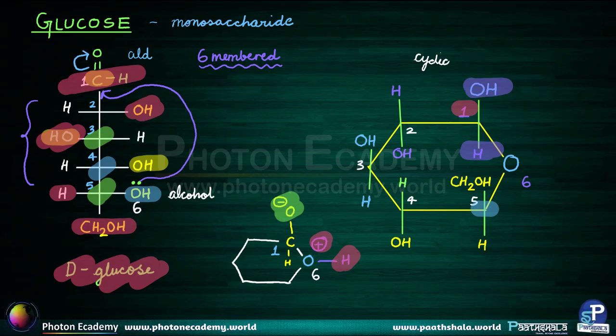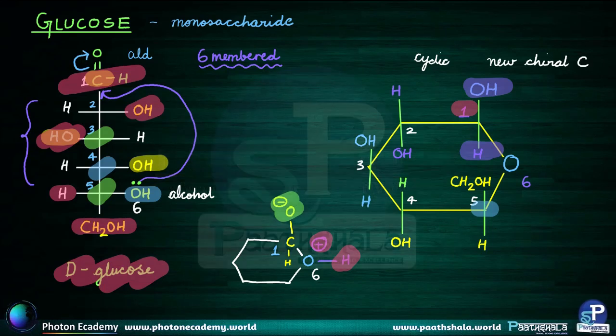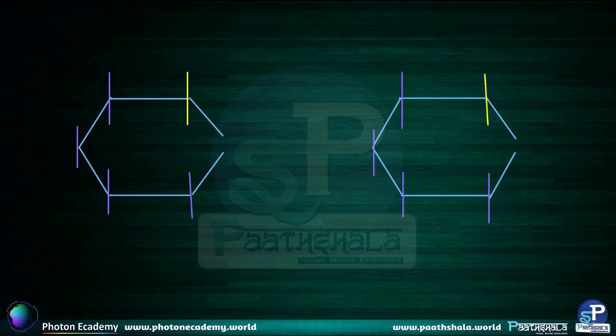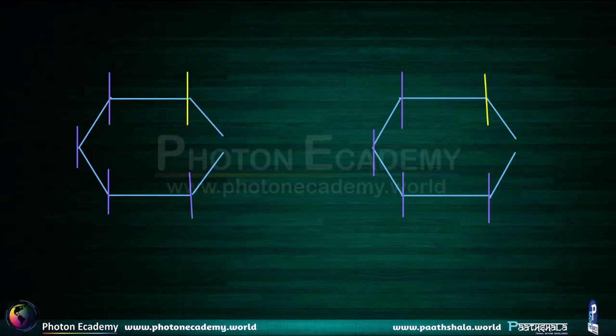Because this is a new chiral carbon that is developing. So this is a new chiral center or a new chiral carbon. This particular carbon is the new chiral carbon. So I here can place the OH group on the top and at the bottom also. So if I just start drawing, in the previous figure, what I originally did was I had my OH and my H here and the rest of them, I just fill it out for you.